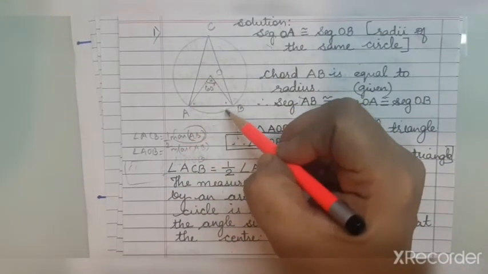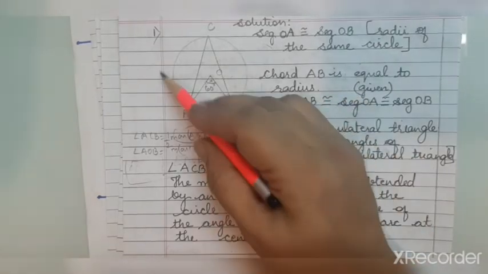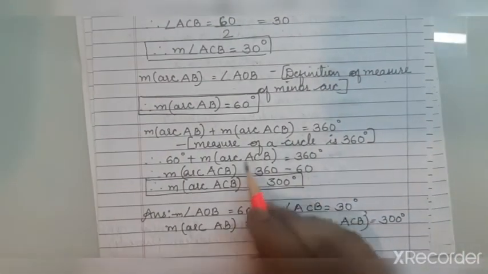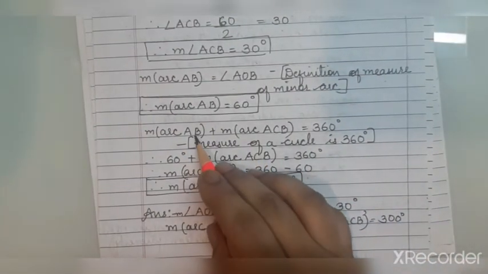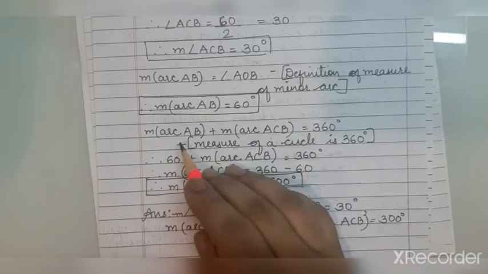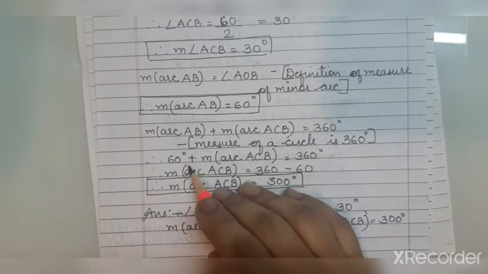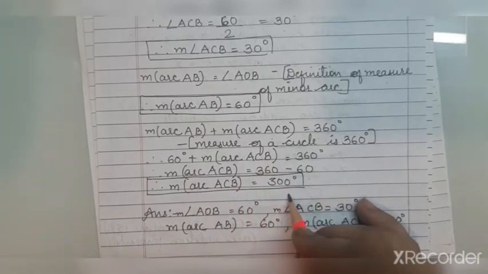And since arc AB is 60, the remaining is 300. So I have written by the measure of the circle method, that is, minor arc plus major arc is equal to 360. Minor arc is 60. Therefore, major arc becomes 300.